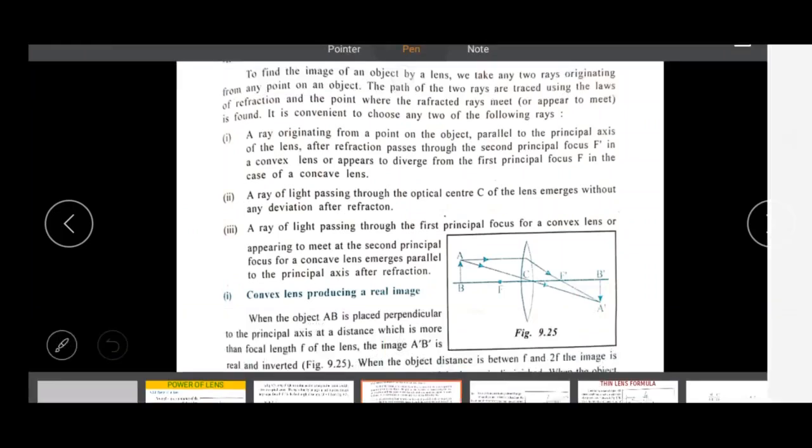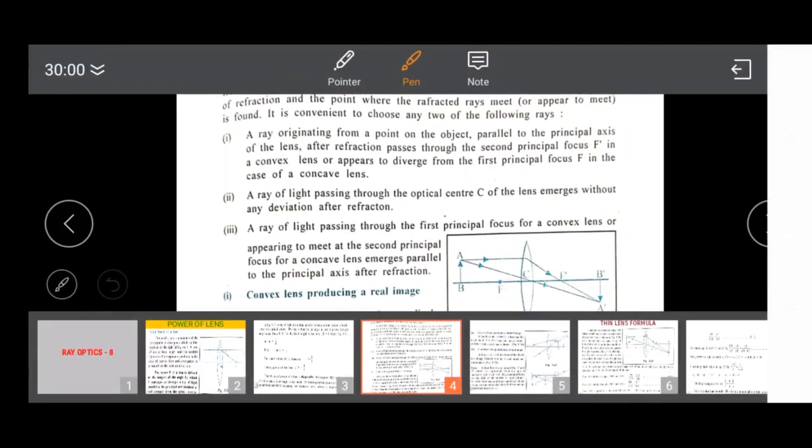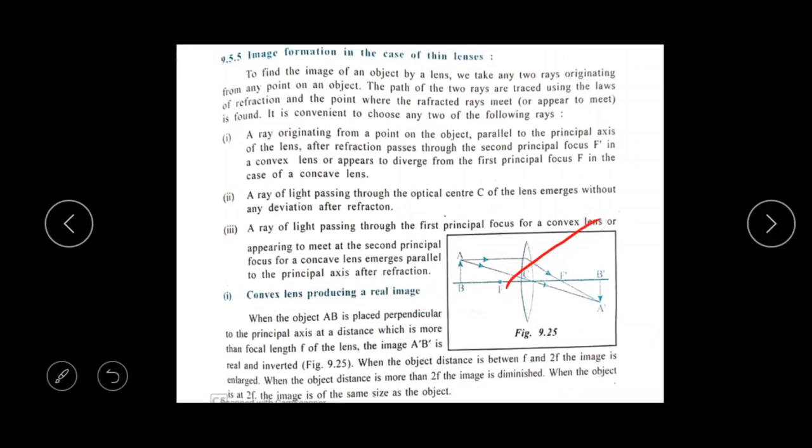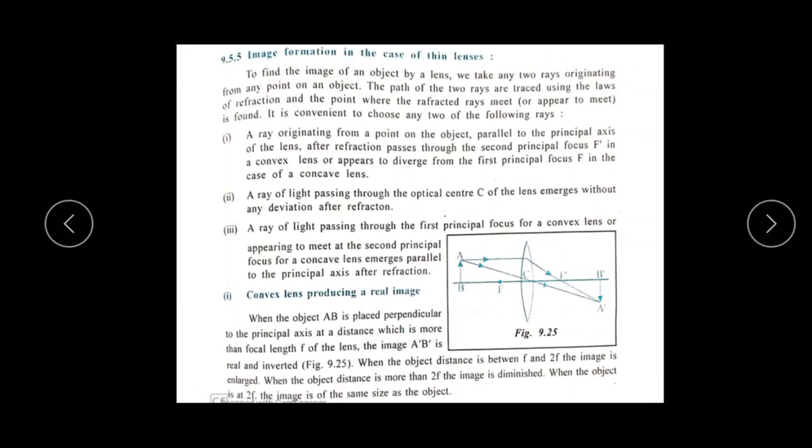If there is a concave lens, in such a condition, the ray which travels like this, or which appears to travel like this, diverges like this. So you can take it like that in case of divergence. We are using a convex lens here, that's why we need to choose that ray which passes through the second principal focus.